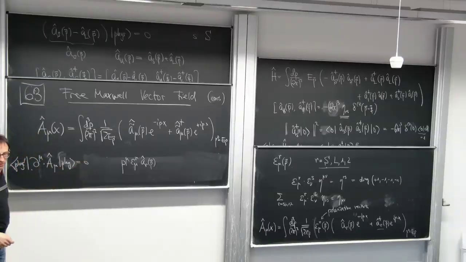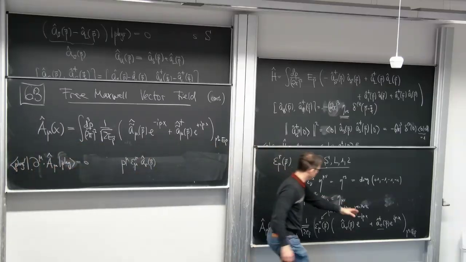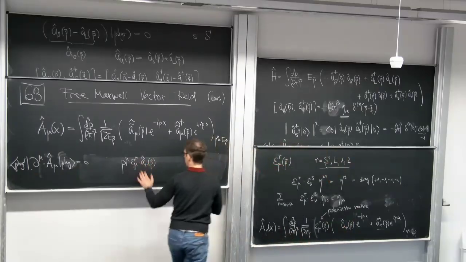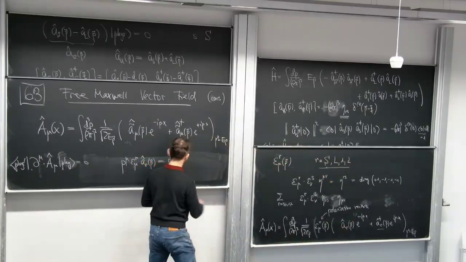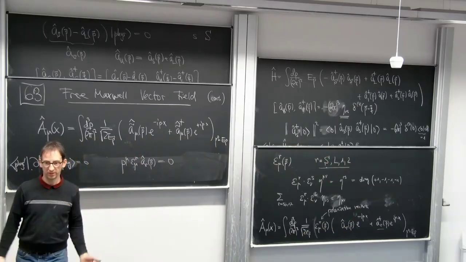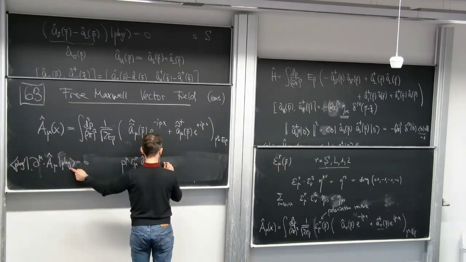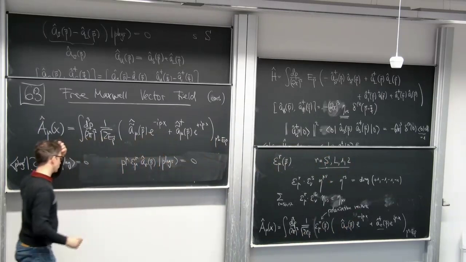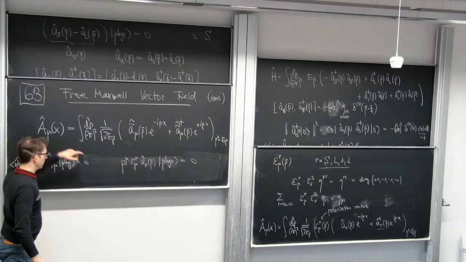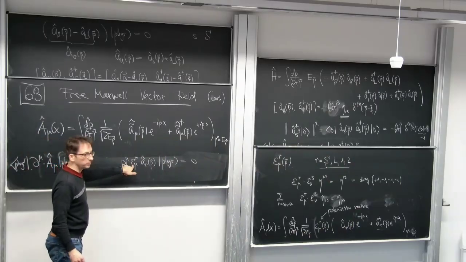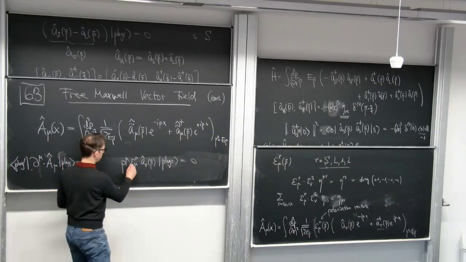And I want the vacuum to be a physical state, so then I could put the vacuum here. This kills the a dagger term. Then I have only this. So in the end, I have these things because all the Fourier modes are independent. And now I have to use the properties of my epsilon.